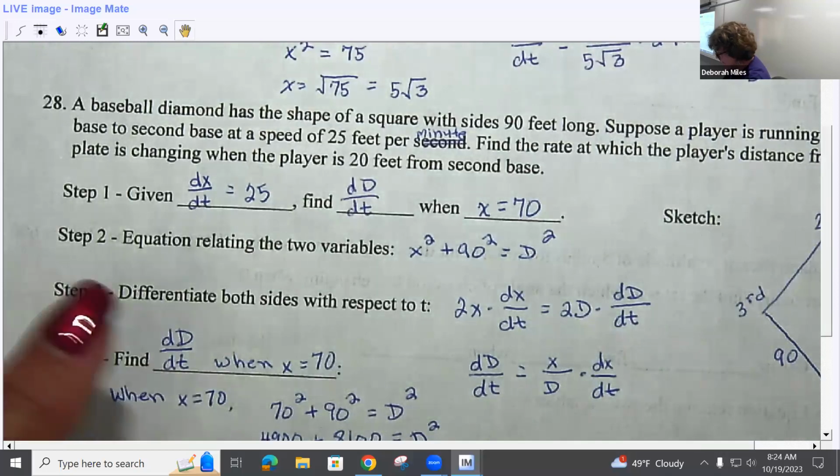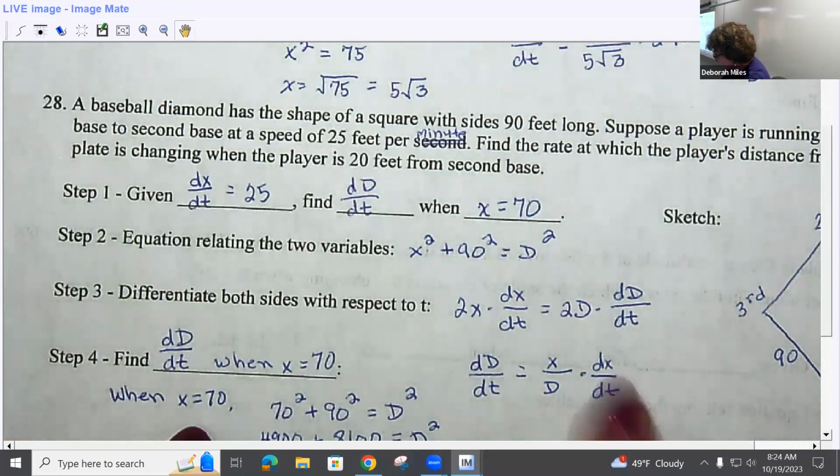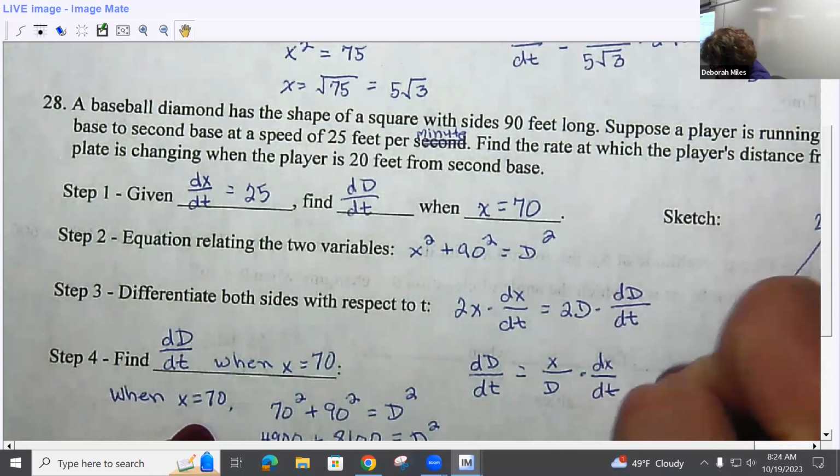All right, now I have an x, I have a d, I have a dx over dt, and I'm ready to finish this.